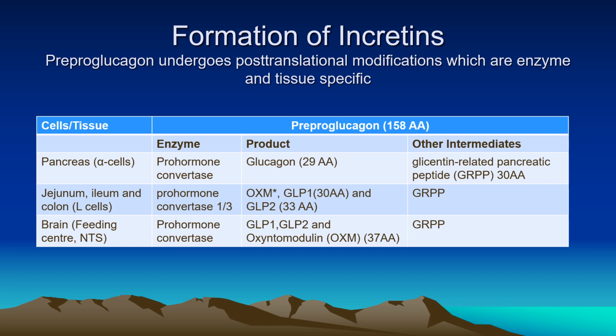In the ileum and colon L cells, prohormone convertase 1 and 3 converts it into three molecules: oxyntomodulin, GLP-1 and GLP-2, and the remaining portion is also there. Almost similar things occur in the brain, particularly the feeding center and nucleus tractus solitarius, and there is a central formation of incretins.